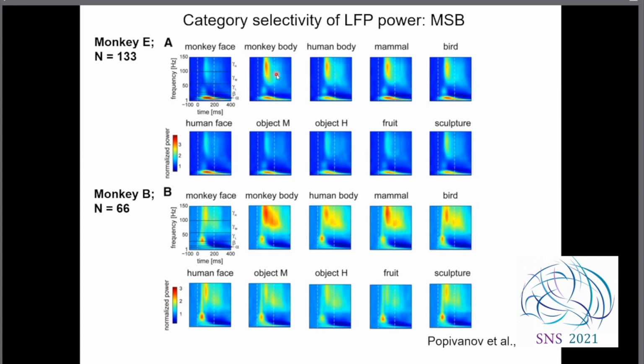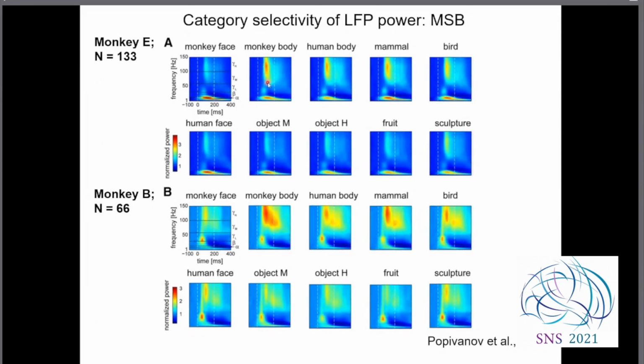And so we had monkey faces, monkey bodies, human bodies, and so forth, all these different categories. These are data of one animal, this from a second monkey. Now if you look at the high frequencies here, so in the gamma range, above 50 Hertz, that relates pretty well to basically multi-unit activity, to actual potential spiking activity.